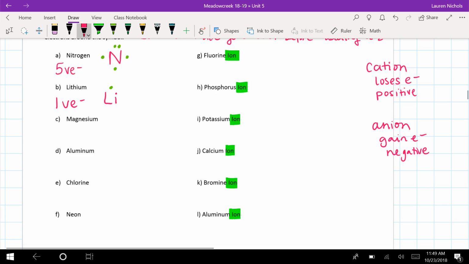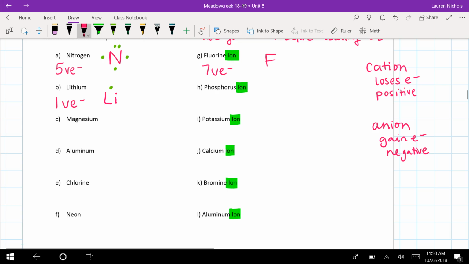And so if we look at letter G, the fluorine ion, well, fluorine is F, and normally fluorine would have 7 valence electrons, and according to the octet rule, they want 8. And so you remember, they're all or nothing. They either want 8 or they want 0, whichever one is going to be easier. And so fluorine could either gain 1 valence electron to become 8, or it could lose 7 to become 0.